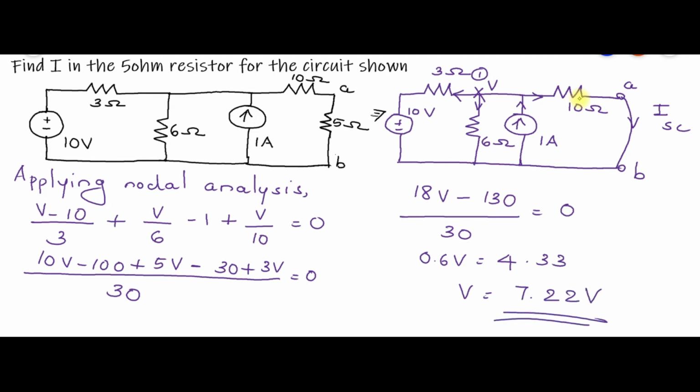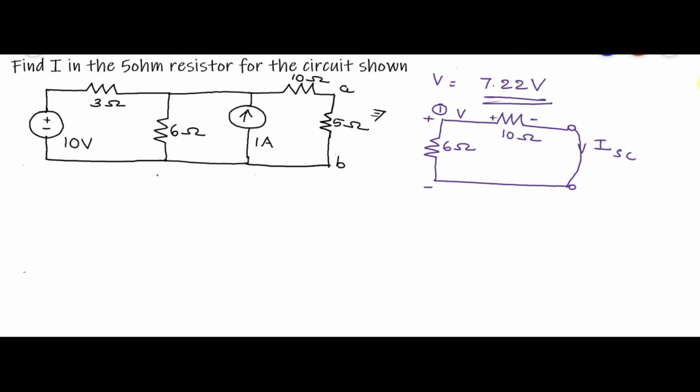Now you have to consider this circuit and find out the value of ISC. So redraw this circuit with respect to V and AB, and then you have to find out the short circuit current flowing through these terminals. Then you have to redraw this circuit in this manner.